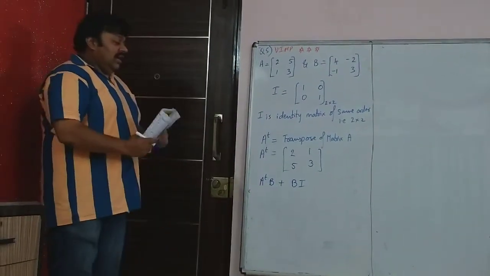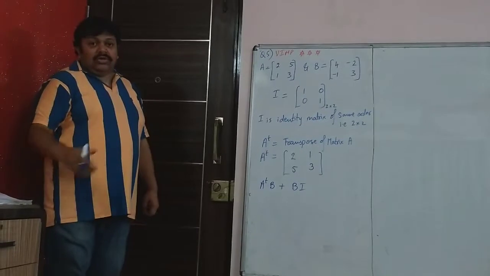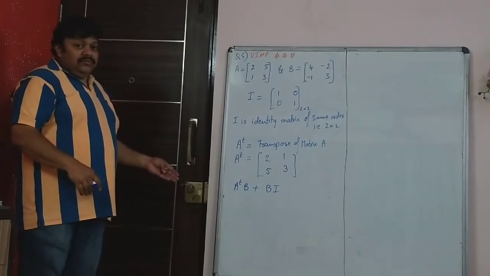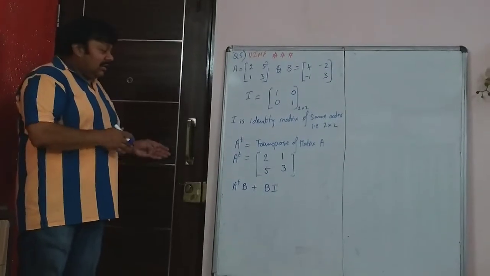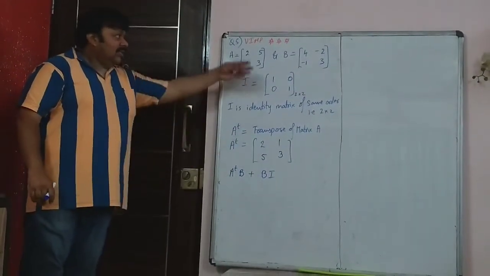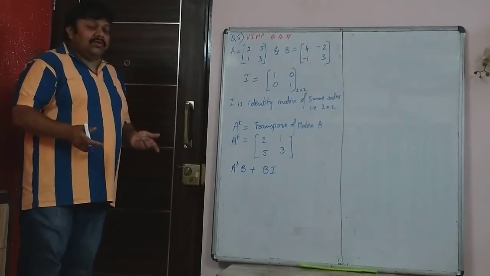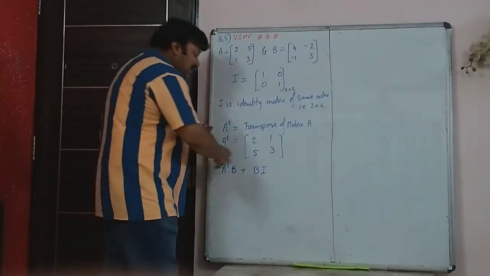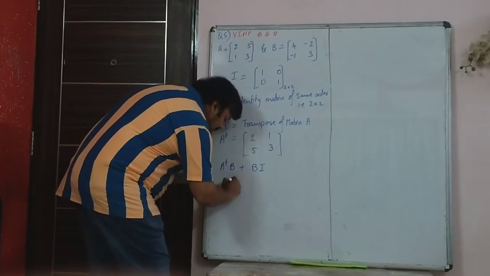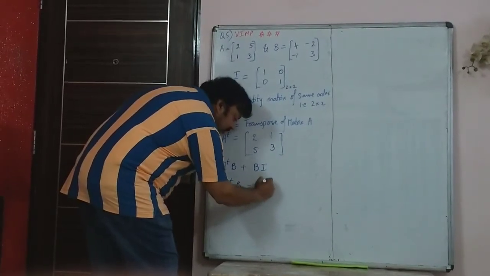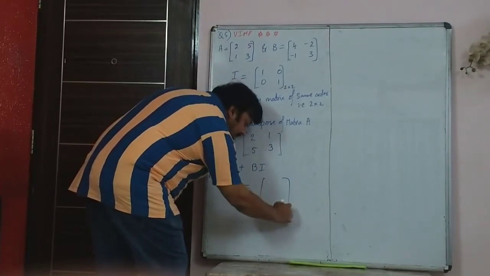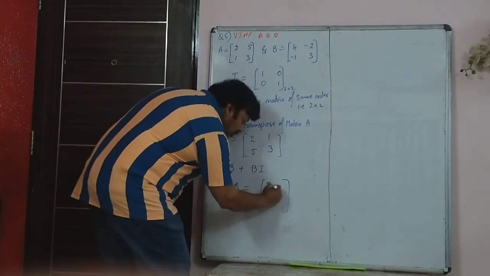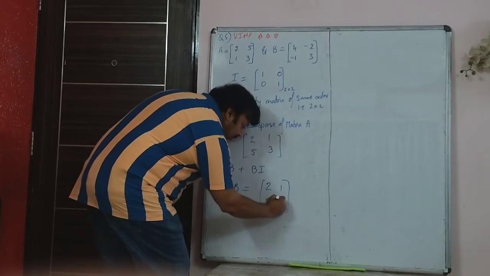So either you can do both the multiplications together, or first you can write A^T into B. Write A raised to T first and matrix B second, do the multiplication. Then with that you add B into I. So I will take it separately. I will write A^T into B. So A^T means first I will write the A^T matrix, that is 2, 1, 5, 3.